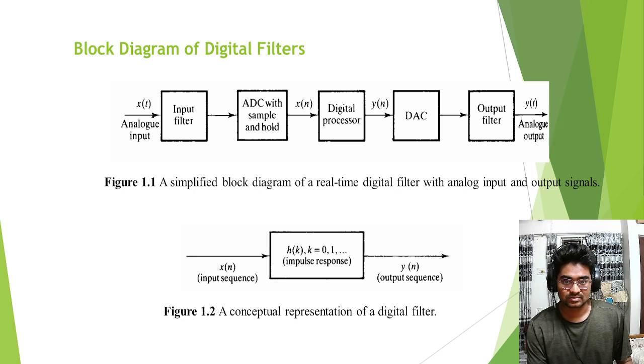After the transformation, there is the DAC, I mean the digital to analog converter. The final result is converted from digital back to analog, and we get the analog output. So here is the analog input and analog output. This is the main digital filter.